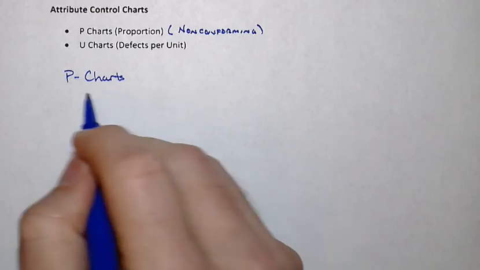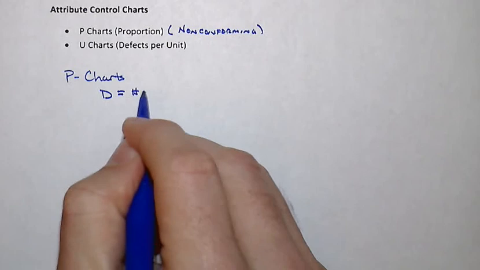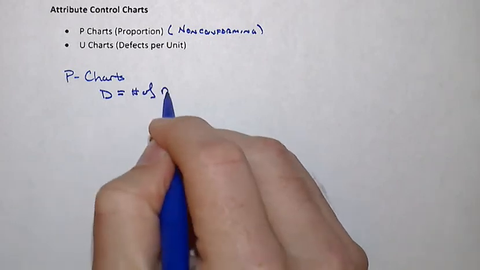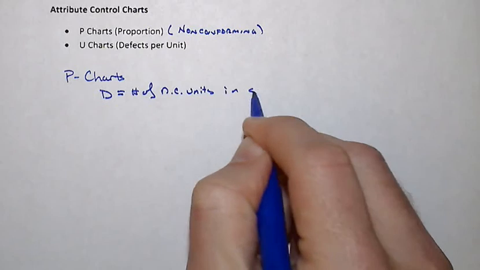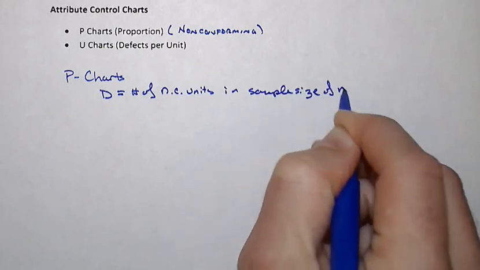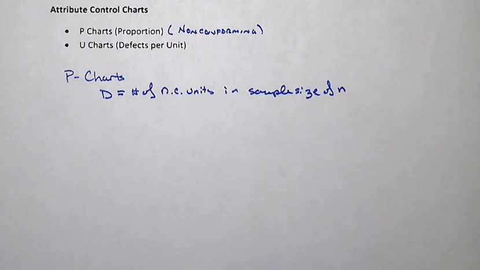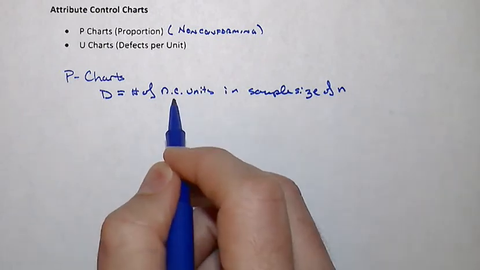And so in the P charts, we're going to let D be the number of non-conforming or defective units in a sample size of N. So if it's, say, a number of ball bearings and they have to pass through a template rather than taking the actual measure of the diameter of the ball bearing, then we've got N of those and how many of those turn out to be defective.